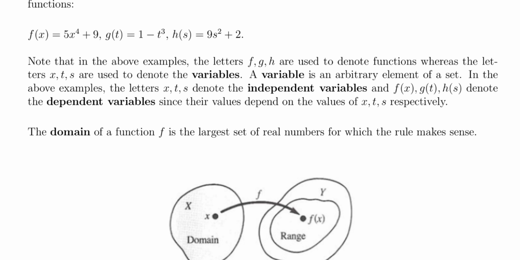So what we are saying is y depends on what value of x we put in the equation. That is what we mean by f of x, g of t, h of s denoting the dependent variables. So f of x depends on x. The value of x that you put in is going to determine the value that you are going to get, which is f of x.